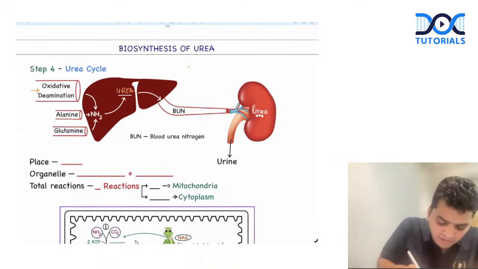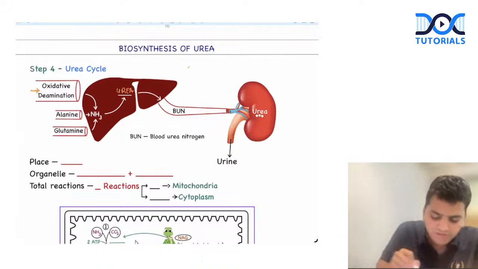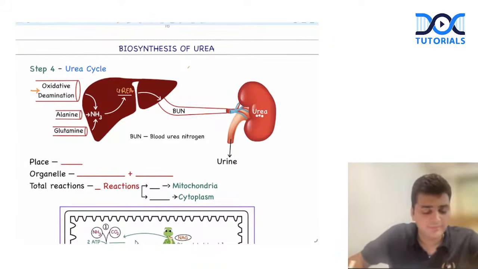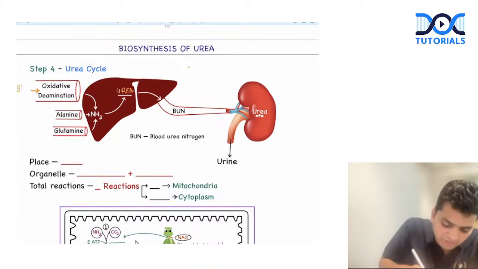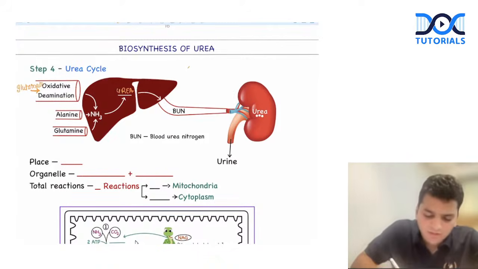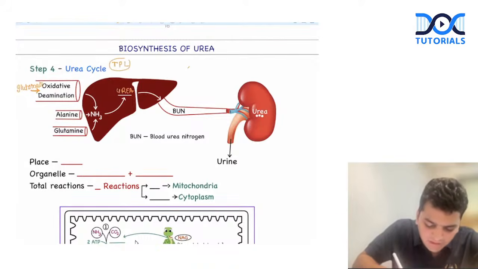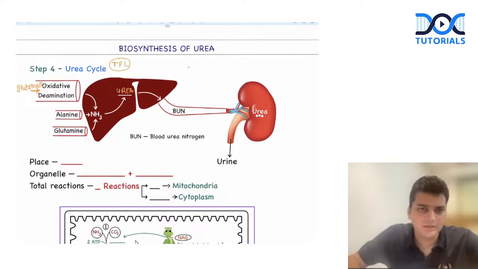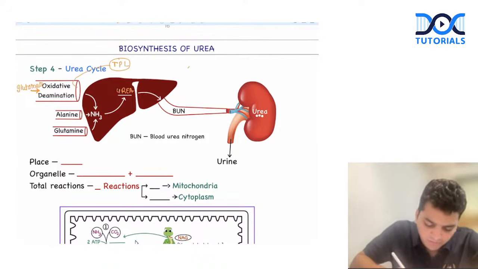Which amino acid undergoes oxidative deamination and gives you ammonia? Yes, glutamate. Can you tell me 3 amino acids which come directly to the liver and give the ammonia? Yes, that is TPL. They directly come to the liver and they donate the ammonia.